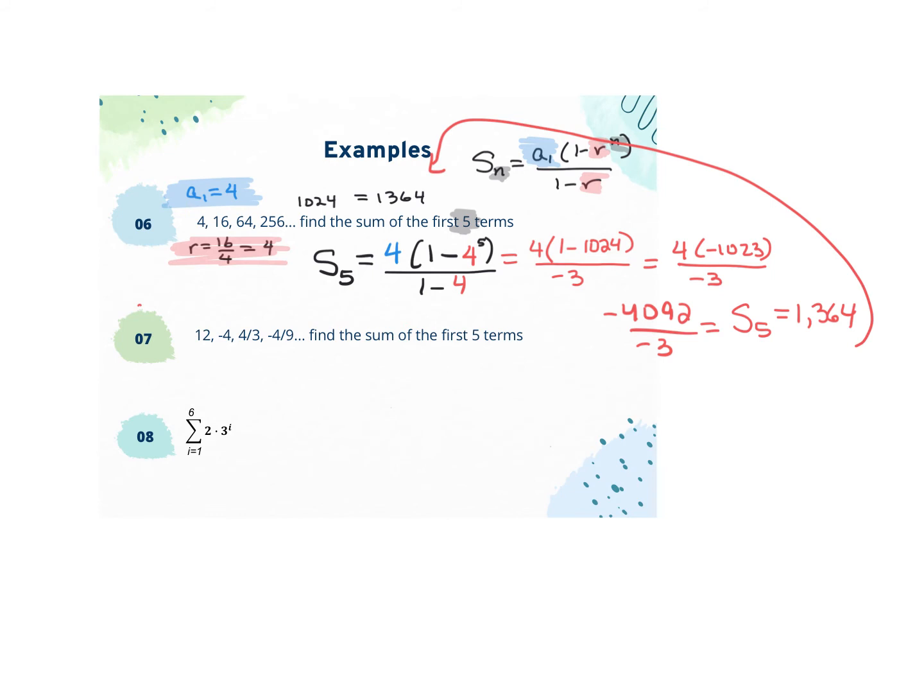Let's try the next example. This time my common ratio and my first term are not the same number, so it makes it, you can see where the numbers go a little bit easier. All right, so again, in order to use this formula up here, I need to know what the first term is and the common ratio.